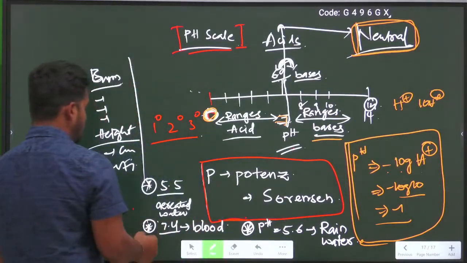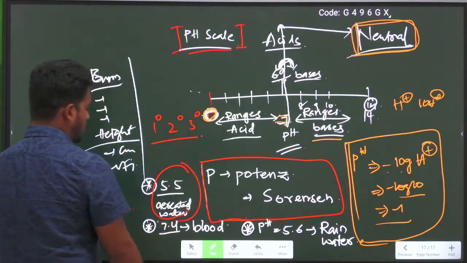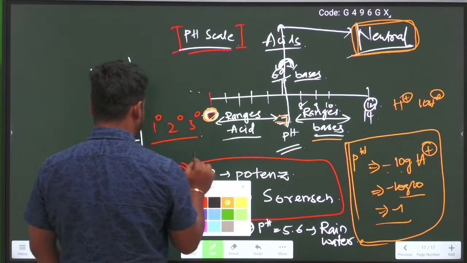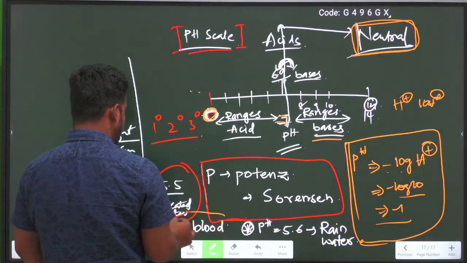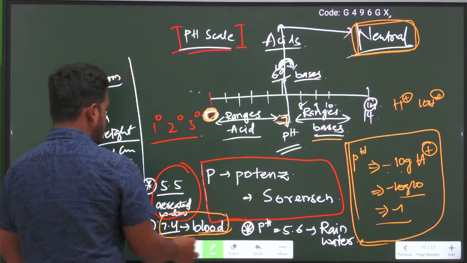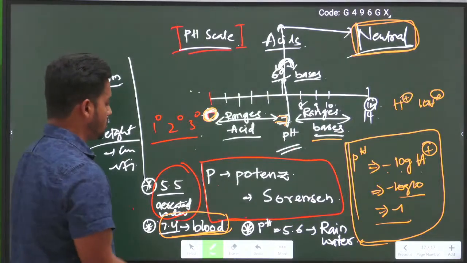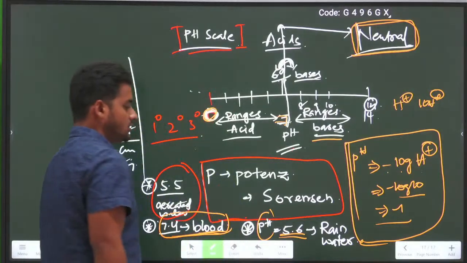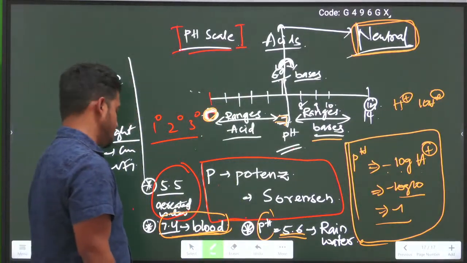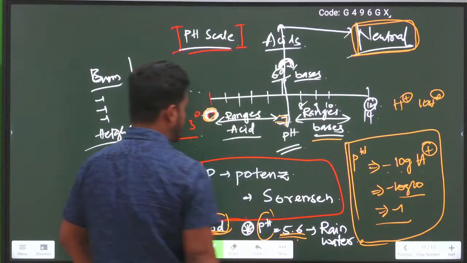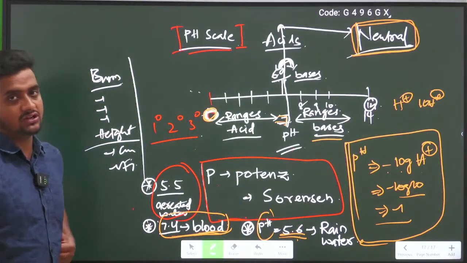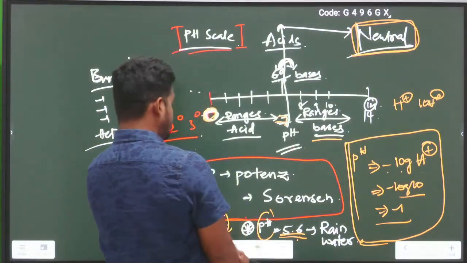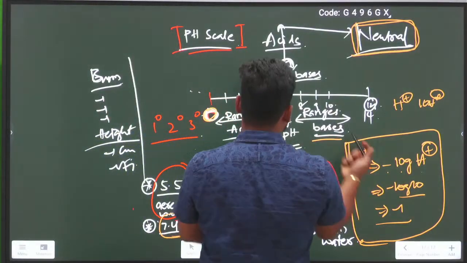These points you have to remember. This pH value indicates how much strength it has, whether it is an acid or base, and that is how we determine acids and bases.